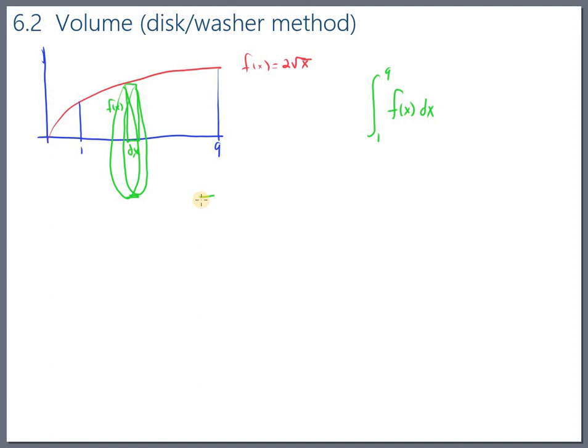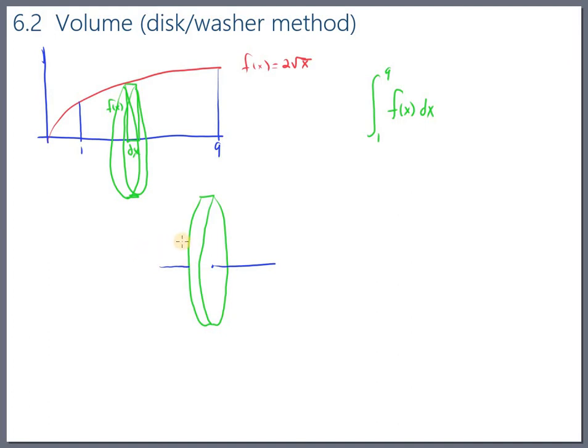So when you spin that typical rectangle around, it gives you a disc shape. It looks something like this. You can see why I use the app, because my skills as an artist are not that great. And the x-axis would still be coming through there.